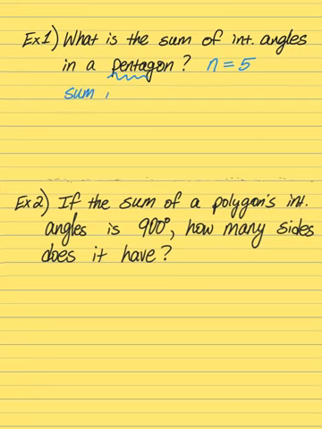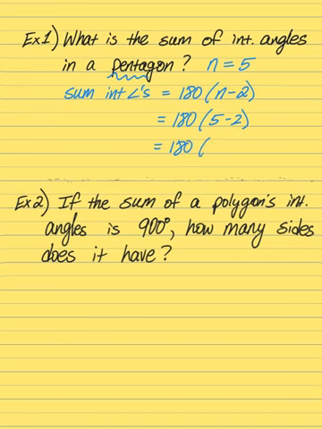The sum of interior angles is 180 degrees times n minus 2. And I substitute the number that I know. 180 degrees times 5 minus 2, and of course we're going to follow BEDMAS and do the brackets first. 5 minus 2 is 3, so this is 180 degrees times 3, which gives us the final answer of 540 degrees.